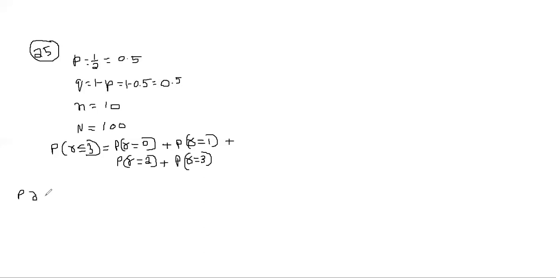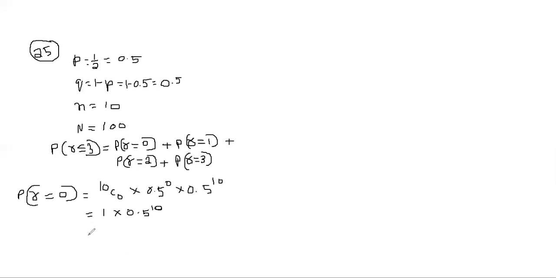P of R equal to 0 is equal to 10C0 into 0.5 raised to the power of 0 into 0.5 raised to the power of 10. 10C0 is 1. Here the bases are the same, so you can add the powers, that is 0.5 raised to the power of 10.